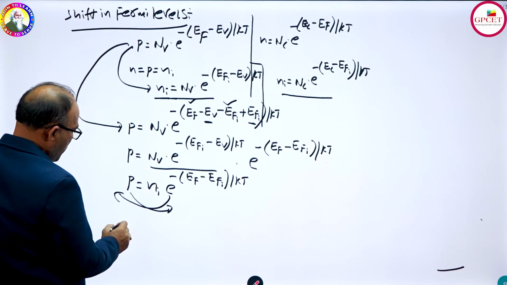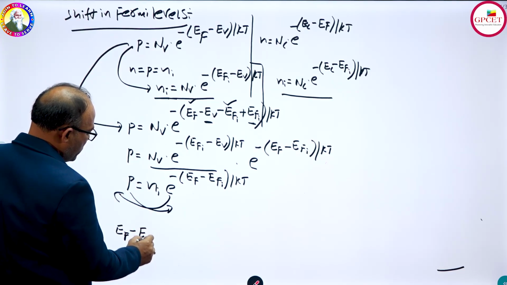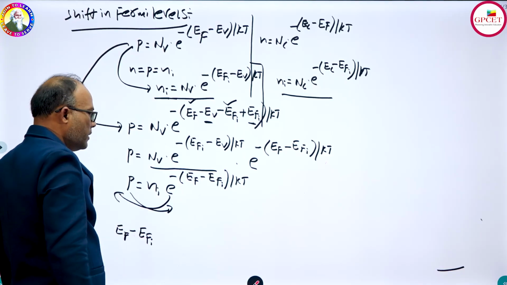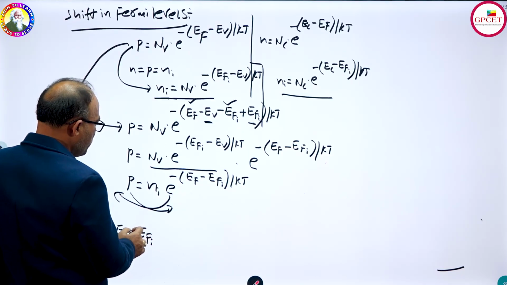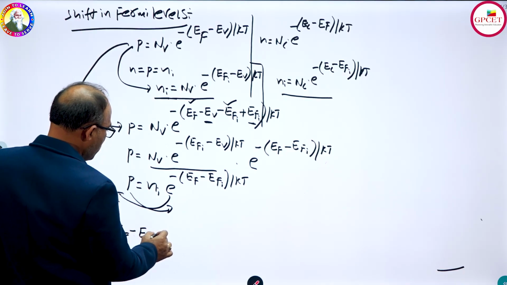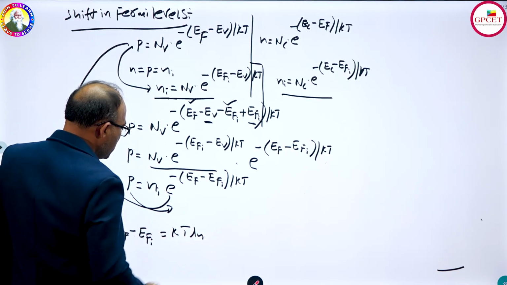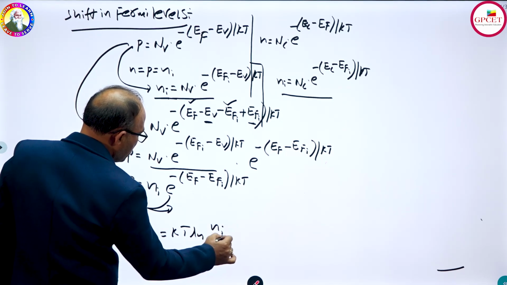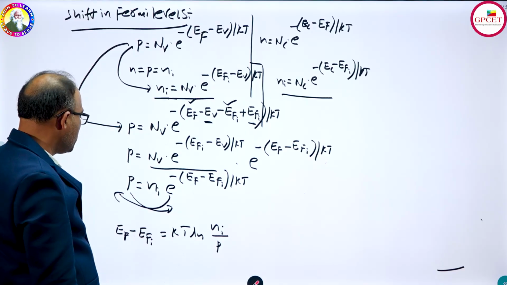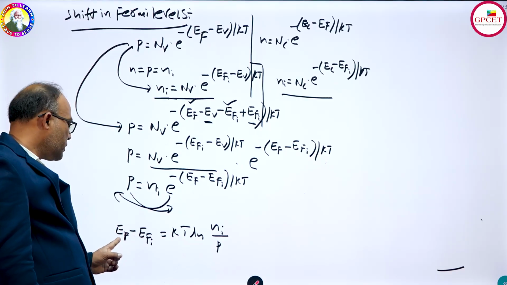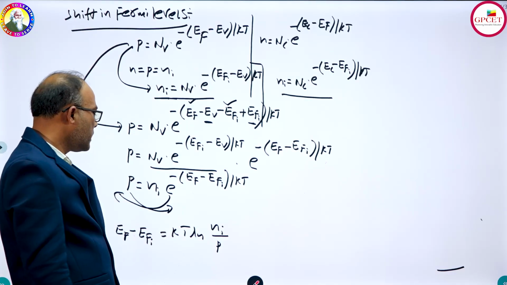What you get is EF minus EFI is equal to KT ln Ni divided by P. Where the shift in the Fermi level in a P-type semiconductor is EF minus EFI is equal to KT ln Ni divided by P.